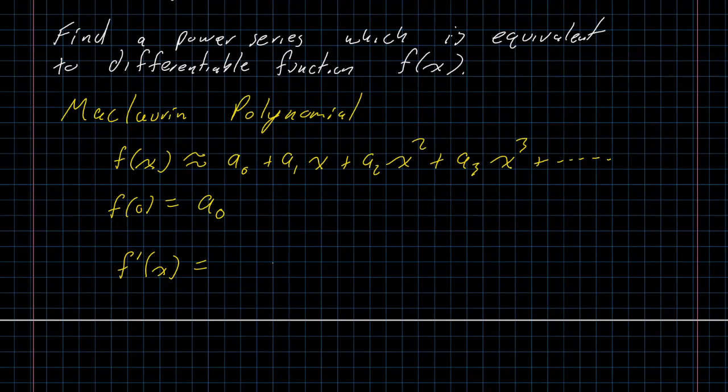The derivative of a1 times x is a1. The derivative of a2 times x squared is 2 times a2 times x. The derivative of a3 times x cubed is 3 times a3 times x squared. And you can keep going.